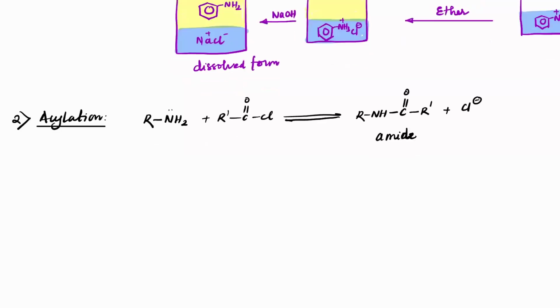So you can use an acid chloride, or you can use an ester also, which gives RNH-C(=O)-R' plus EtO minus, or we can also use an anhydride.